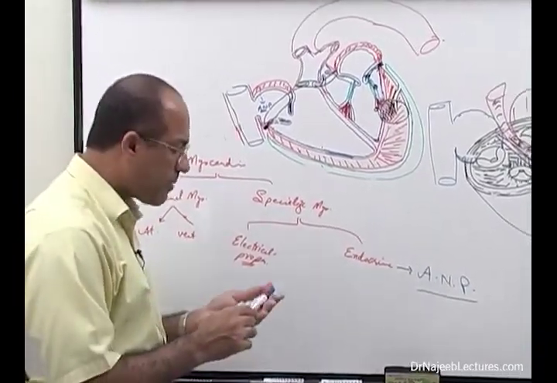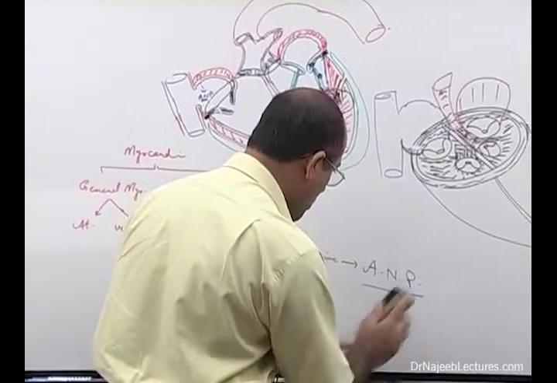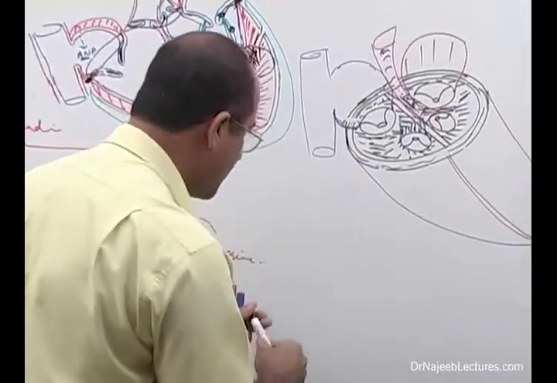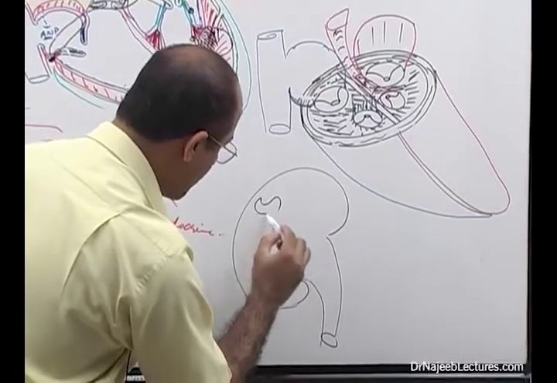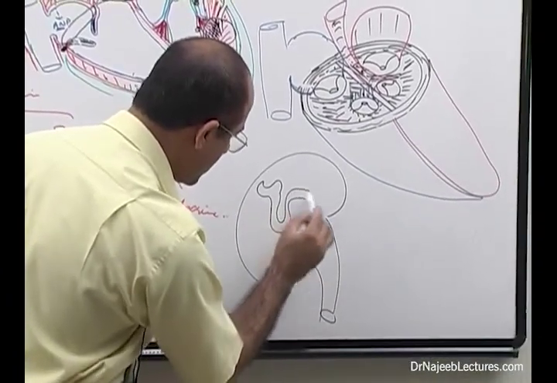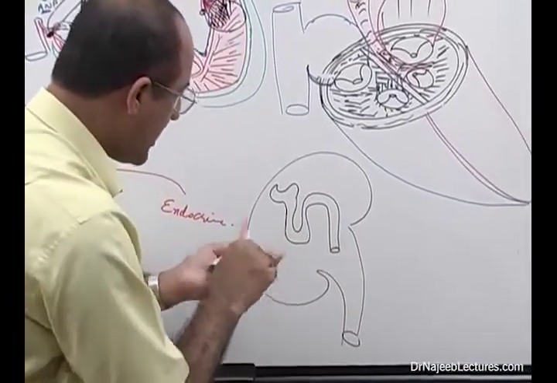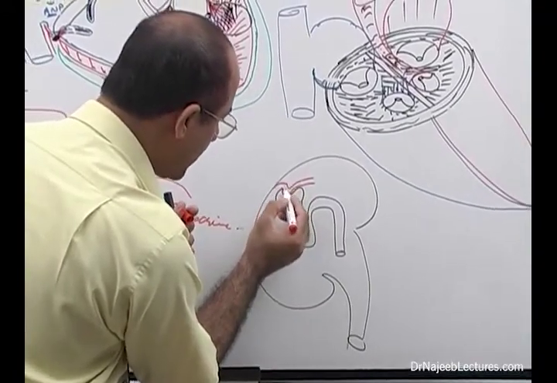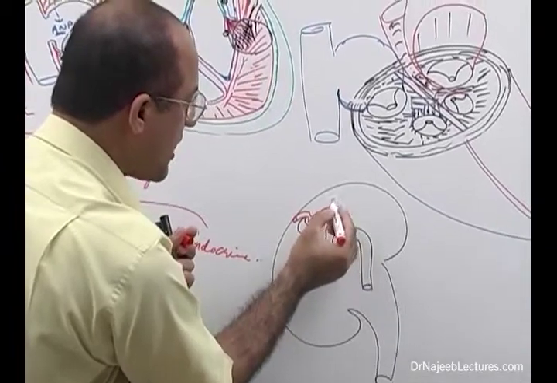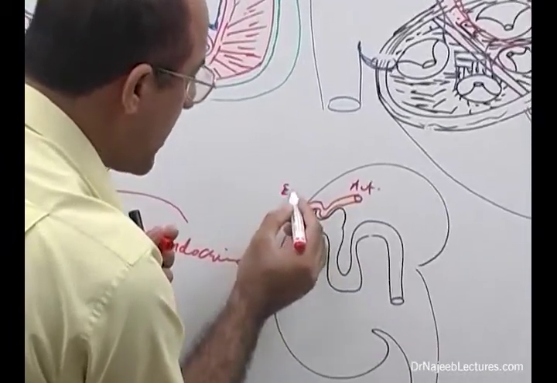Atrial natriuretic peptide, number one, it will go to the kidney, and in the kidney, suppose this is a nephron, urine forming tubes, right, and this is the afferent arteriole, here are glomerular capillaries, and this is the efferent arteriole.